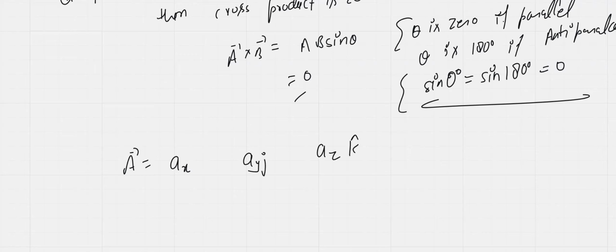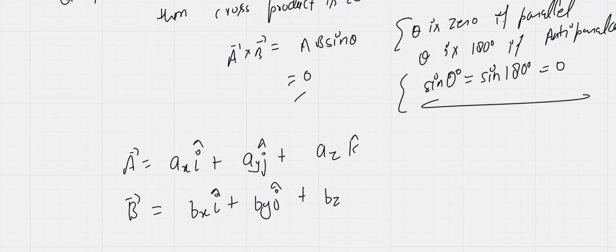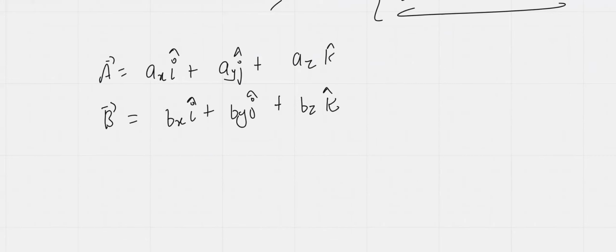Similarly, I have a b vector, which is written as bx, plus by, plus bz. And you have to do a cross b.